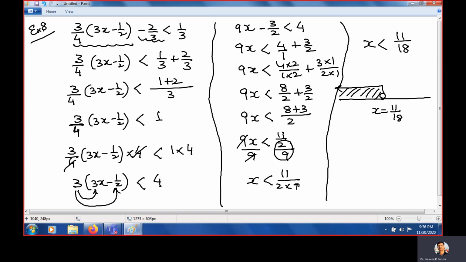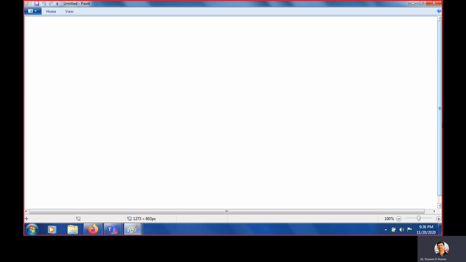Okay. So one more thing I want to explain to you. Look here, if we have a upon b upon c upon d, meaning you are dividing two fractions, then first of all outer multiply, it is AD upon inner multiply BC.